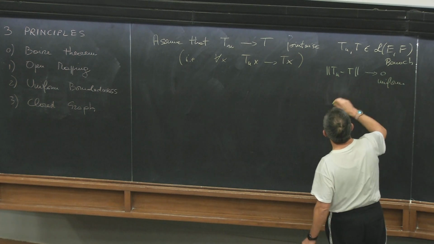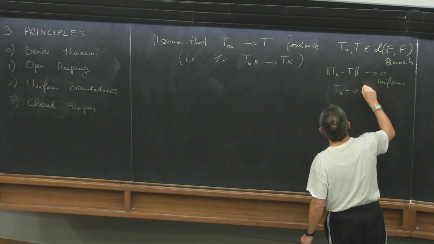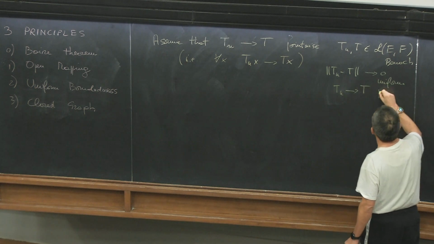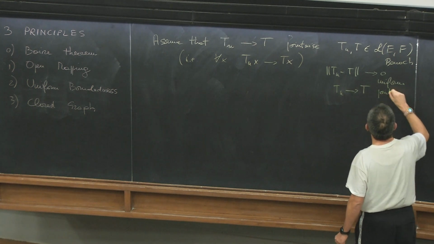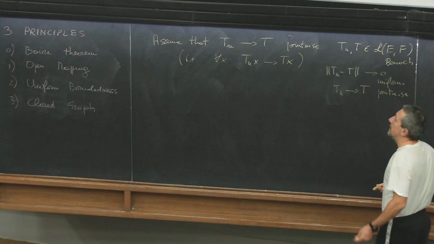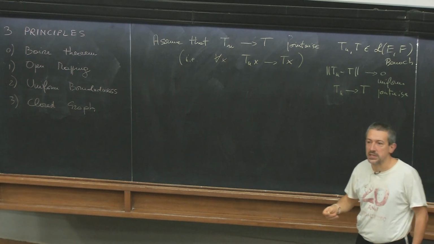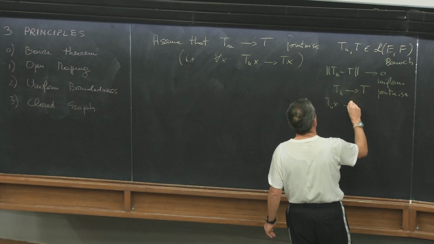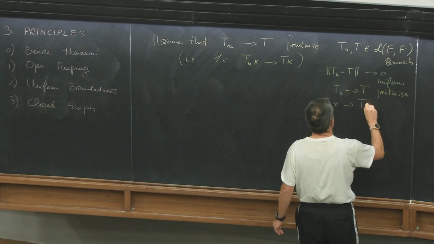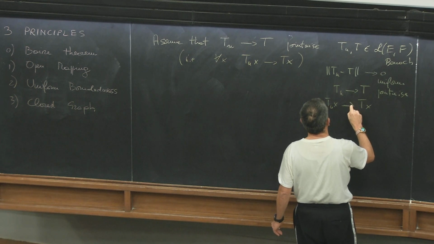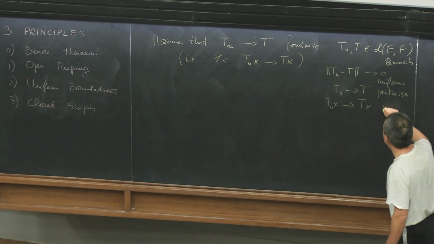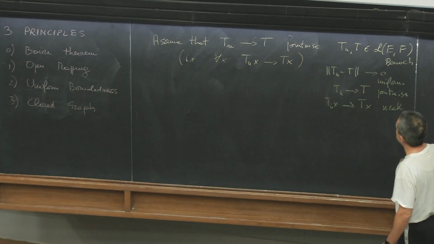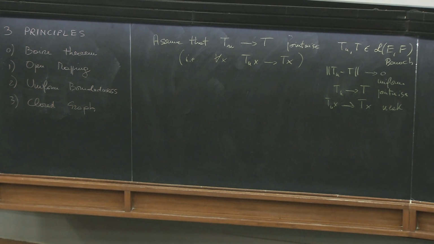Then you can also require the convergence in the weak sense, so Tn x converges weakly to T x in the weak topology. So there are several possibilities.